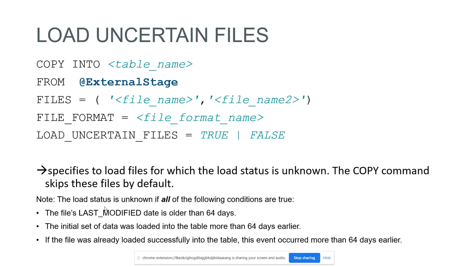Whenever a file meets all these three criteria, we call it an unknown file. So whenever I mention load uncertain files equals to true, all these files with the status unknown are also loaded into the table. So this is about uncertain files, and these are the different options we can use along with the copy command.